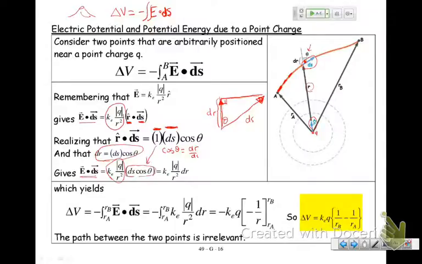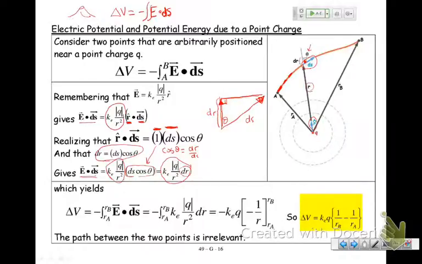So that's what I've substituted in there. And then I know, well, hold on, ds cosine theta equals dr. So I get that guy. So now I like that because my dr and dr, I'm talking about the same thing.